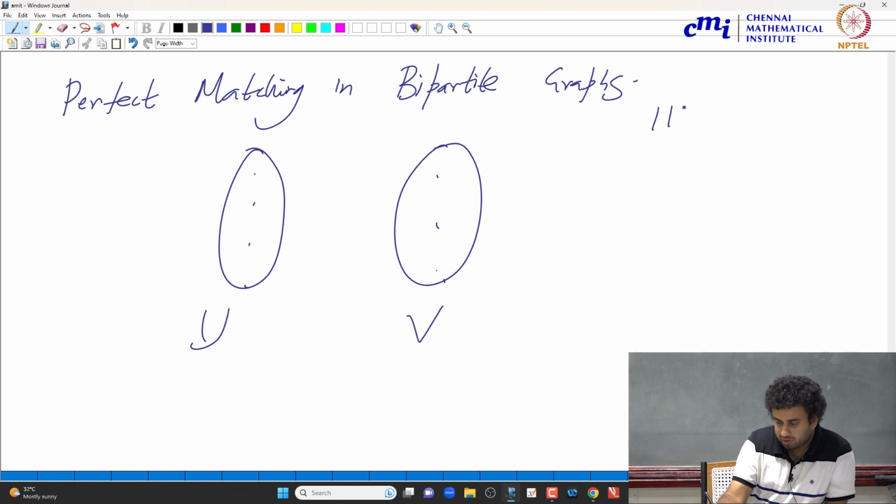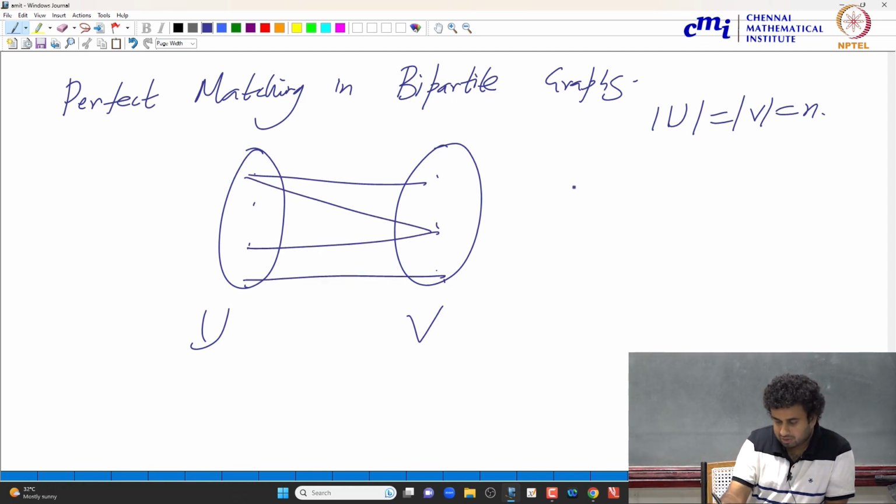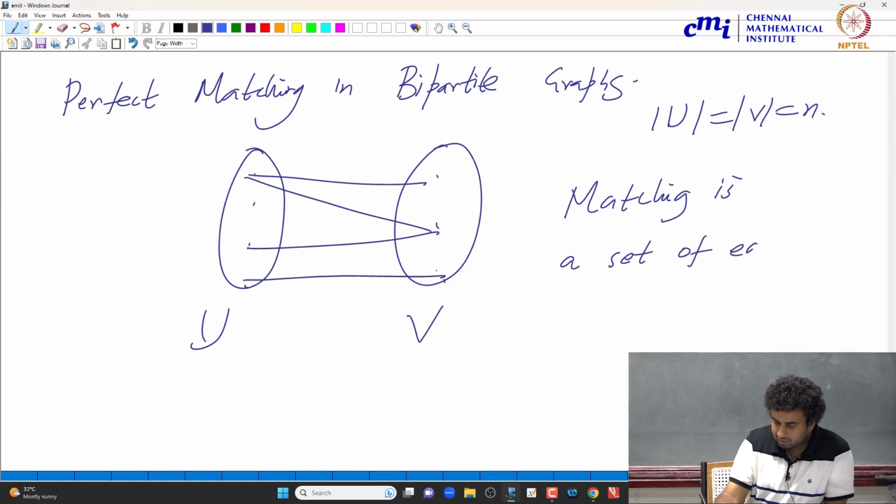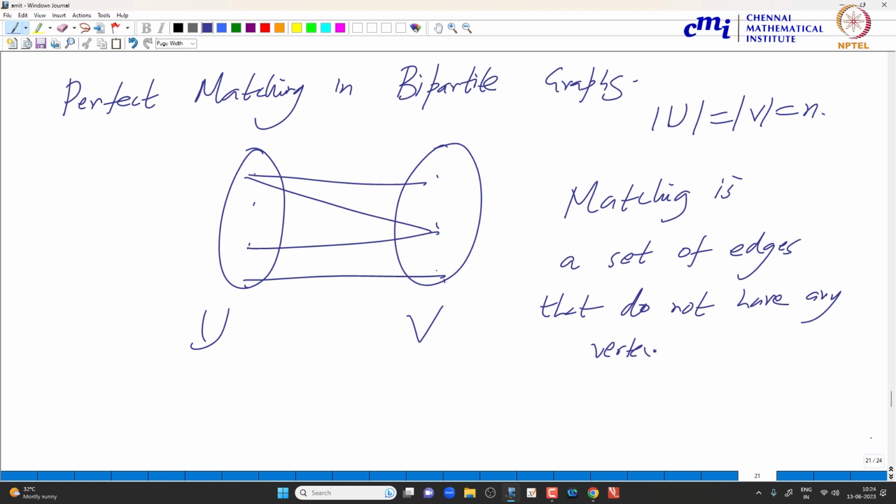Suppose the cardinality of U and V are both n, and given a bipartite graph, a matching is a set of edges that do not have any vertex in common.